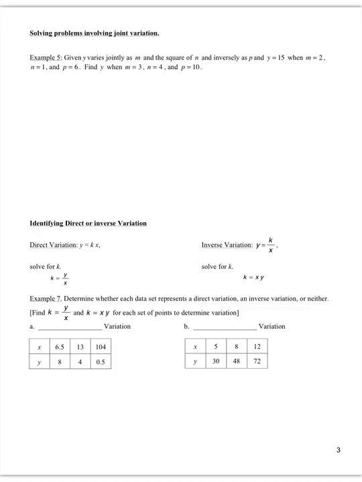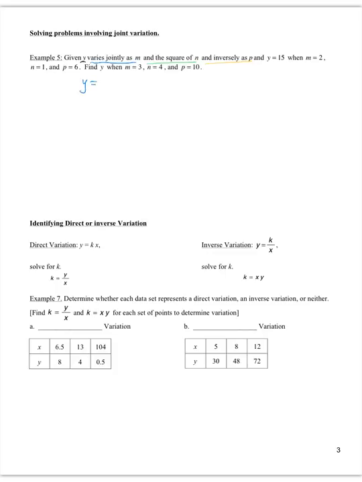Okay, now for the last page, page 3 of the 3.7 notes. Here we're going to talk about solving problems involving joint variation for starters. So if you are given the words y varies jointly as m and the square of n and inversely as p, we would write that as an equation.